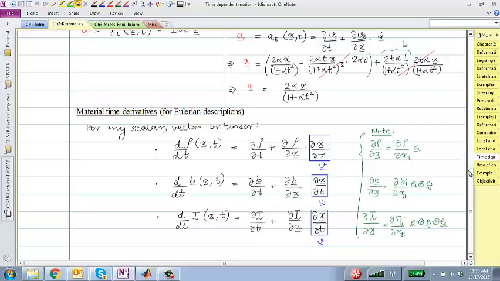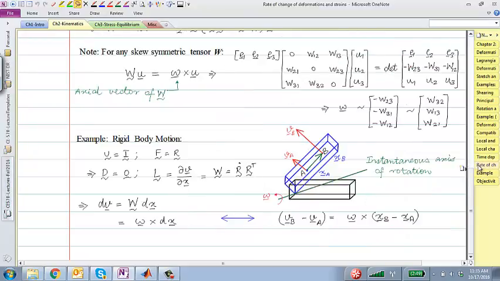We know how to measure how quantities like density at a point in space are changing, but that change in time is not related to a particular material point. So the material time derivative allowed us to do that.